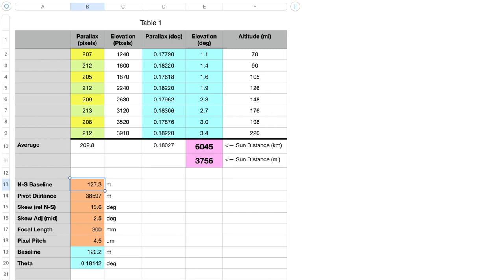Now, the other thing that's strange over here is that yes, some values are very sensitive. We have to pay attention to accuracy on the baseline and everything. But notice the yellow and the green highlighted pixel counts. That seems to be oscillating.